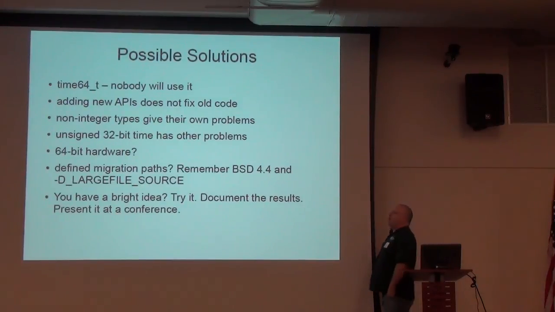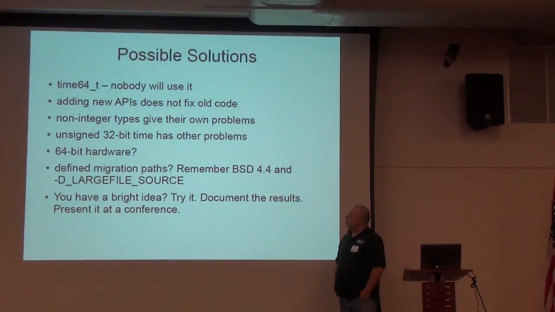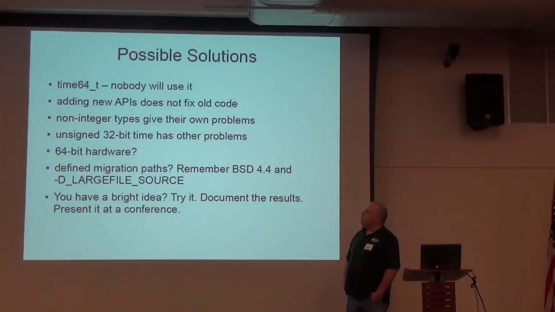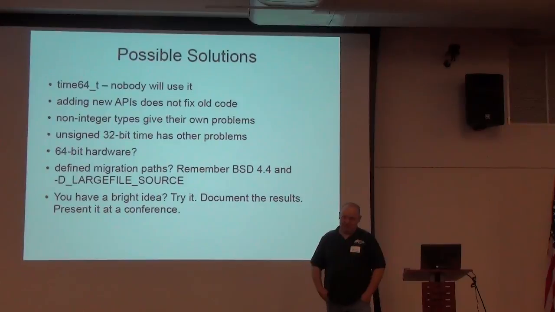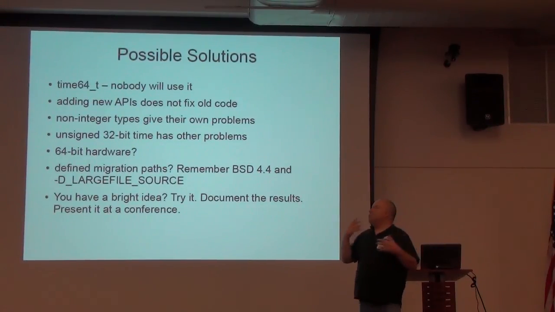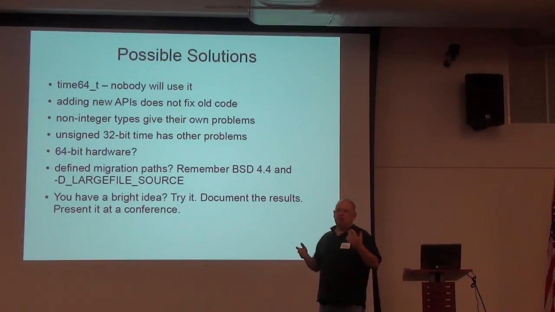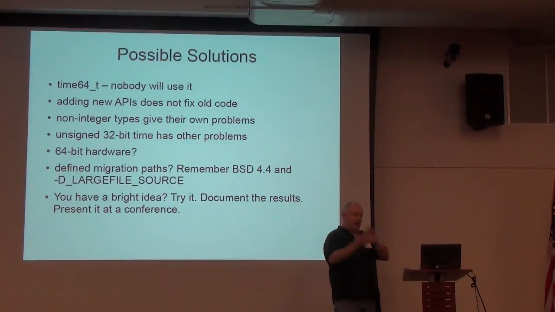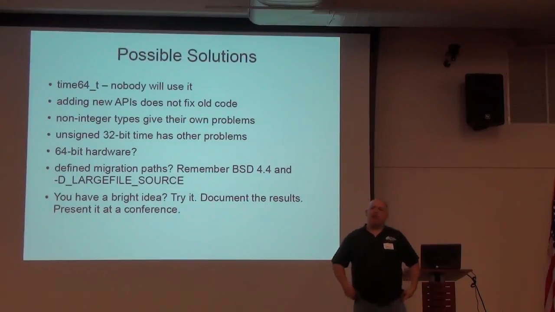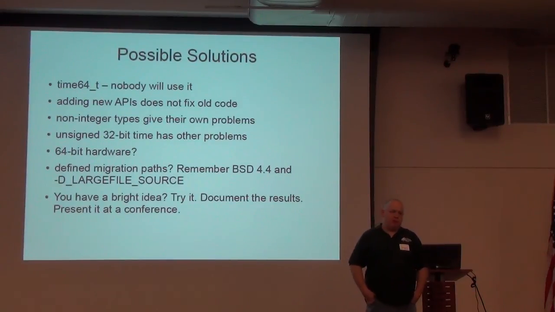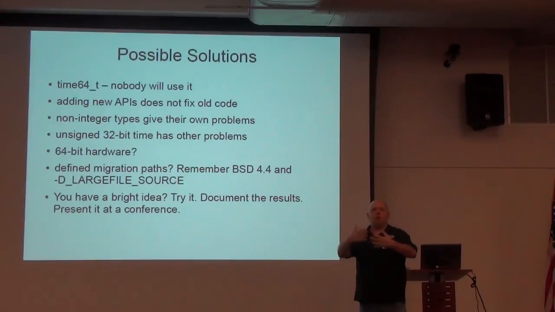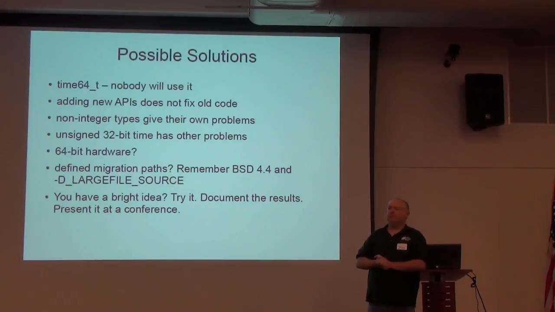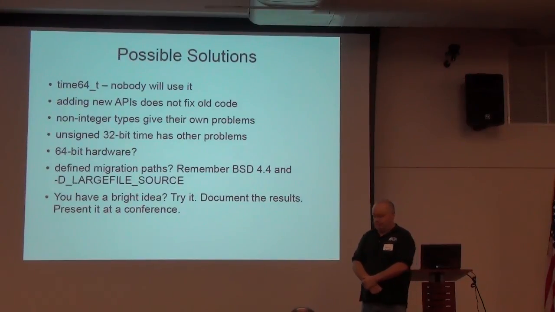We could say, yes, there is a forward migration path. Anyone remember the Large Files Summit? Back in '92, all the Unix guys got together and said, we need to support files larger than 2 gigabytes. Here's our forward migration path. And this will support files up to 128 gigs.